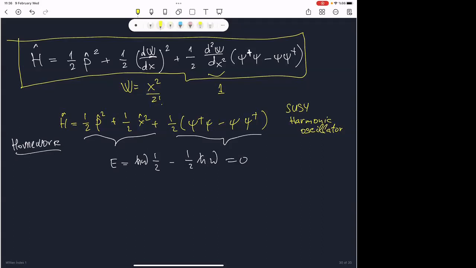If you are familiar with the path integral, we need to write the Witten index as the following thing: it's the trace of (-1)^F, and now I plug in e^(-βH), exactly this H. This is a path integral with periodic boundary conditions, for both the bosonic and the fermionic sector.